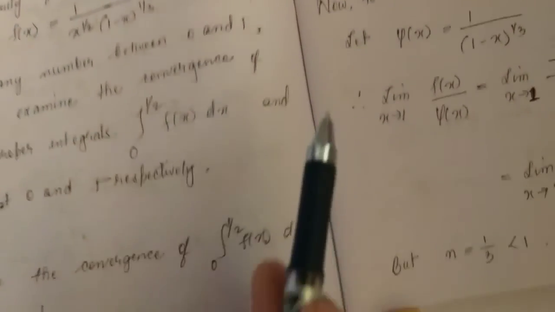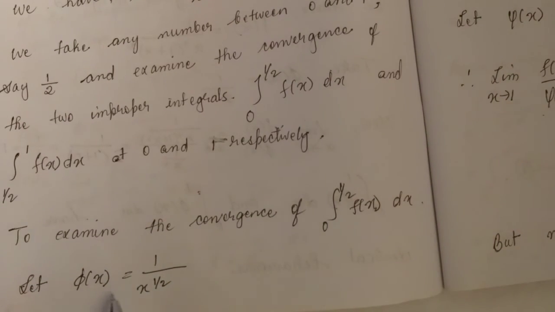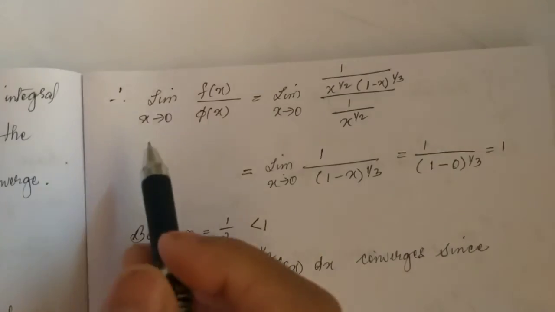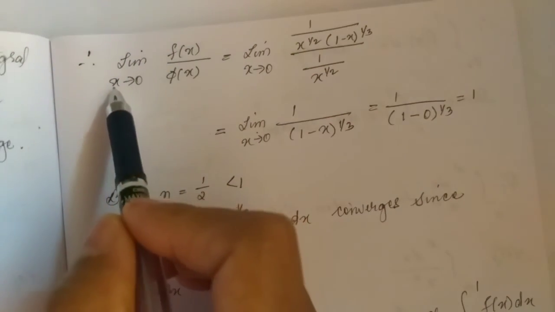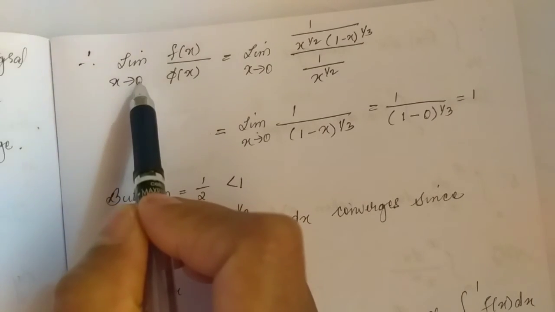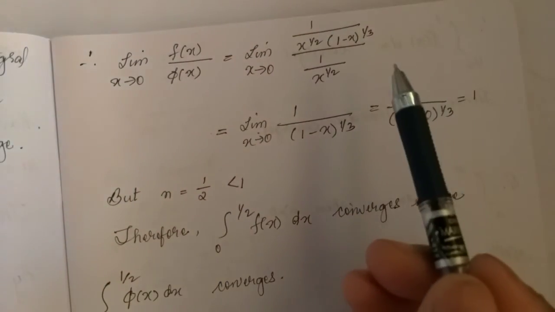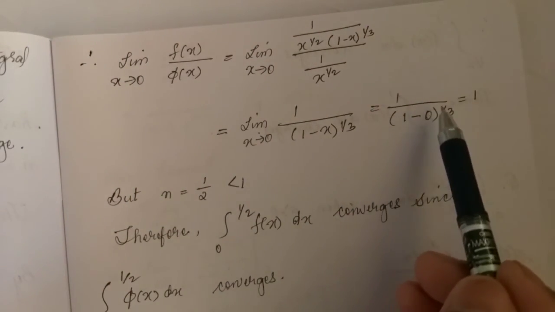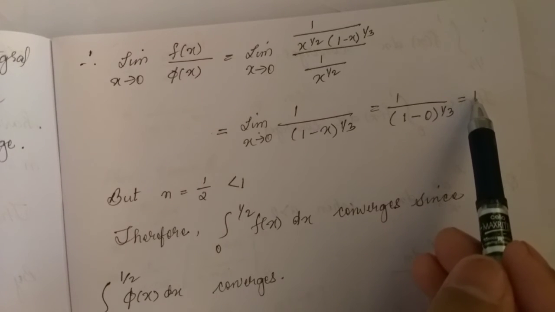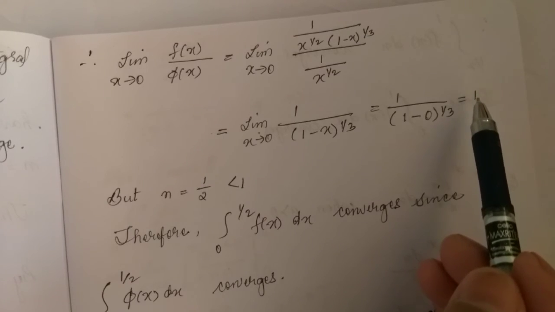Now, if you take phi of x to be equal to 1 by x to the power 1 by 2, and you find the limit of f of x by phi of x as x tends to that point of infinite discontinuity, which is 0, then you'll get the limit equal to 1, which is neither equal to 0 nor equal to infinity.